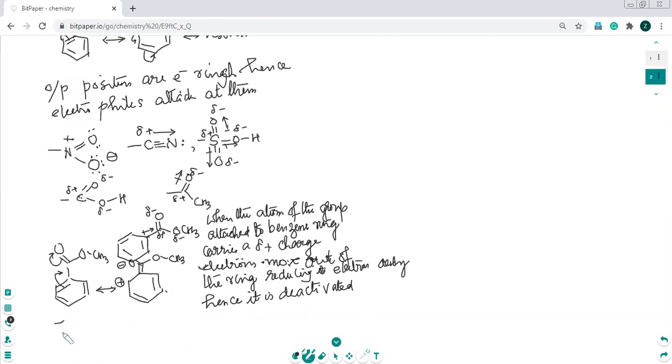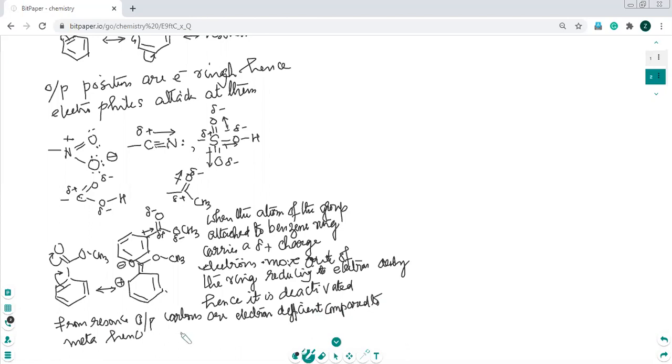Okay, so from resonance structure, ortho and para positions, ortho and para carbons are electron deficient compared to meta position.